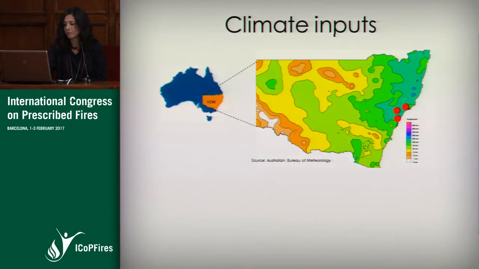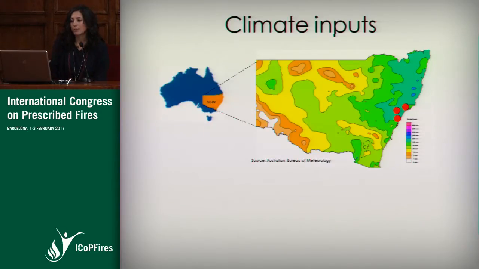Now the model takes 3 sets of inputs: climatic inputs, which are rainfall, temperature, radiation, and VPD, and some soil and vegetation inputs. For the climate inputs, we used data from rural meteorology in Australia, which is 5-kilometer resolution grid-based data. The red dots here show a subset of sampling plots that we have.